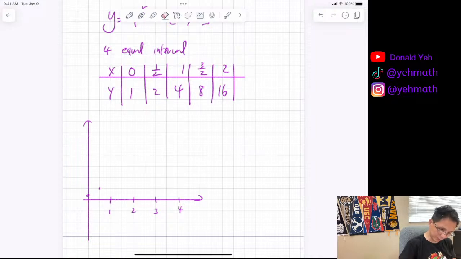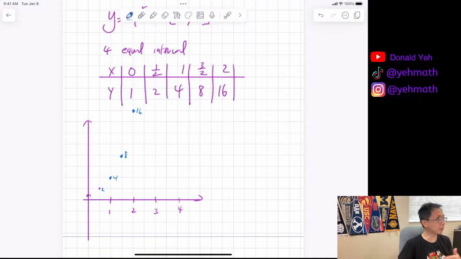Okay, so at 1 it is going to be 4, so right here. At 3/2 is 8. So it's right here and right here. Does that make sense? I have all those points. So these points I label 16, 8, 4, 2, and 1.